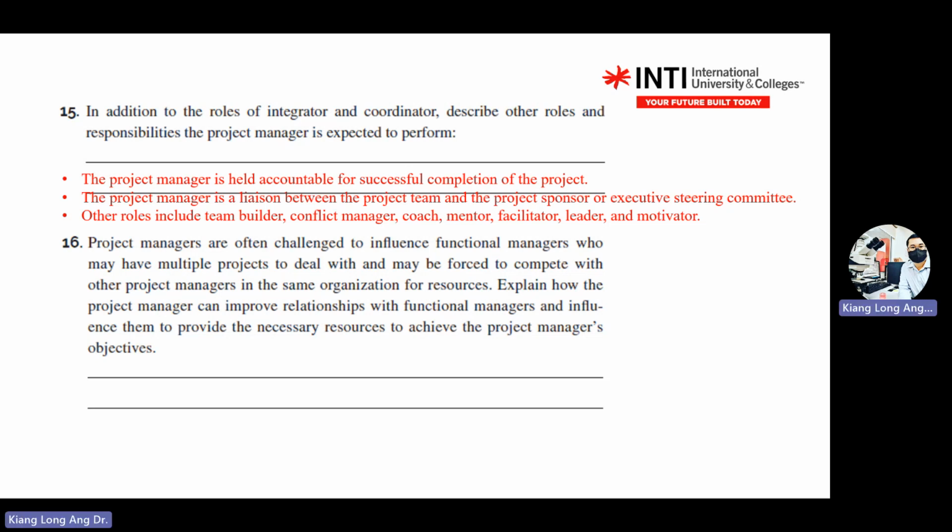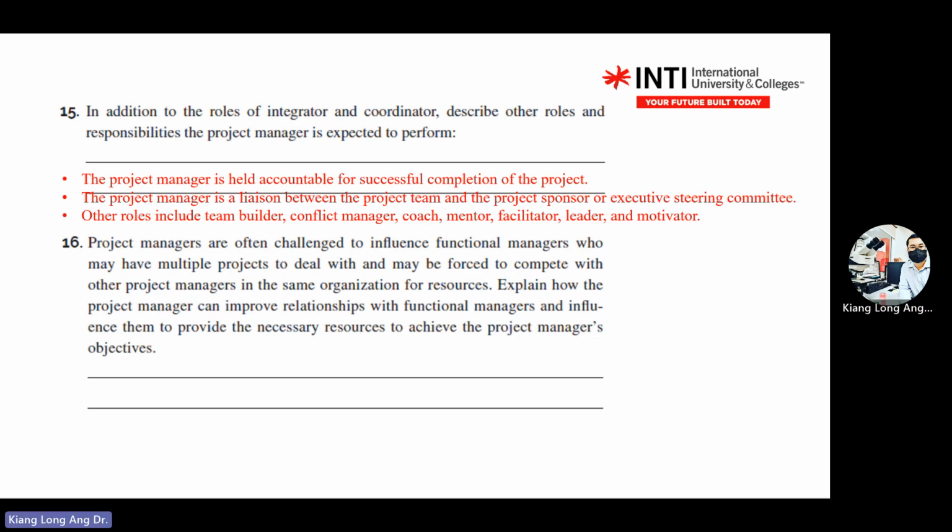Look, if you put in customer, is it correct or not? To me, it's still correct, because you have internal customers and external customers. But the thing is that it is outside the main role. The main role of the project manager is to coordinate with the functional managers.